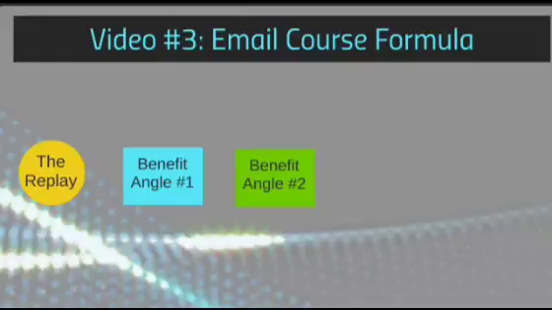What the benefit angles are is basically different benefits that stand out about your product or service. In other words, the benefit is something that has an impact on the prospect itself. If you think about benefit versus feature, a feature is something like the light bulb is green. Why does that matter?